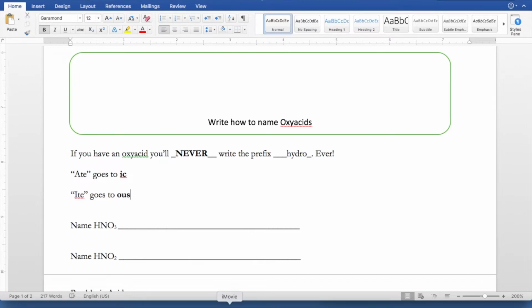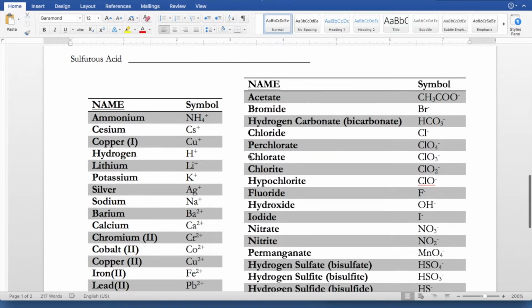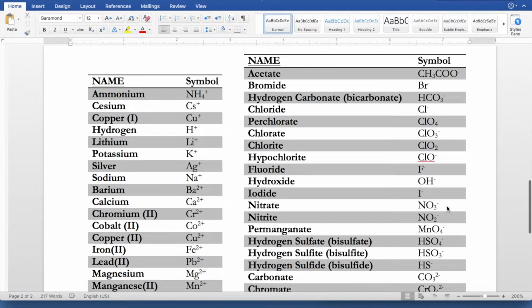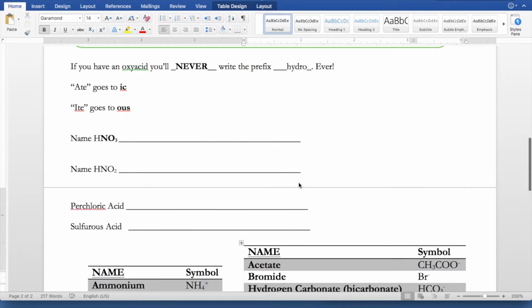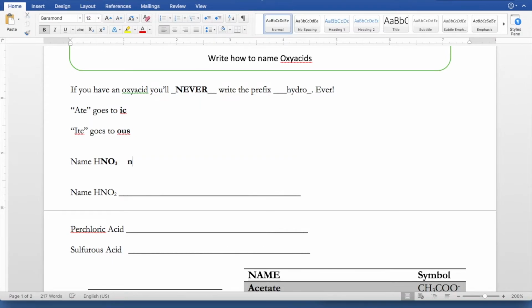Okay. Easy enough. Let's look at this for a moment. I've got this acid here called HNO3. And I'm going to ignore the H on all of these. I'm just looking at the NO3 ion. And I'm going to come to my ion sheet, and hey, here's NO3. It's the nitrate ion. Cool, I know that. Okay, so I've got nitrate.